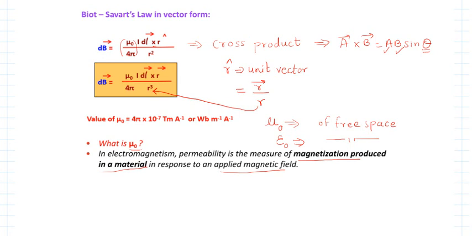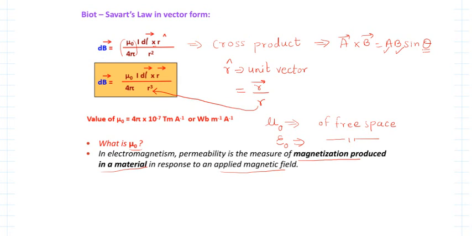Now let's take an example of a steel rod. If I have the same measure of steel rod and I keep it in a magnetic field, then it will not get magnetized that easily. So we say steel has low permeability. So permeability is the measure of getting magnetized in the external magnetic field.